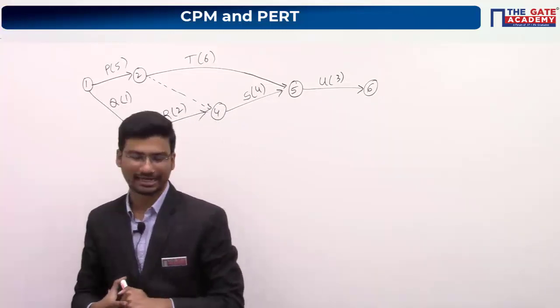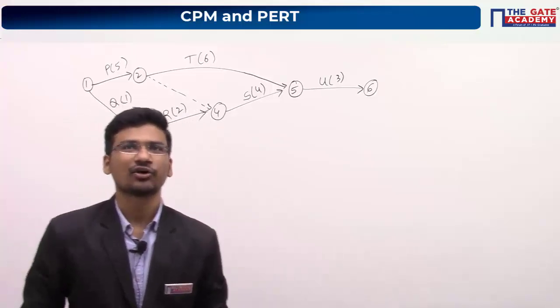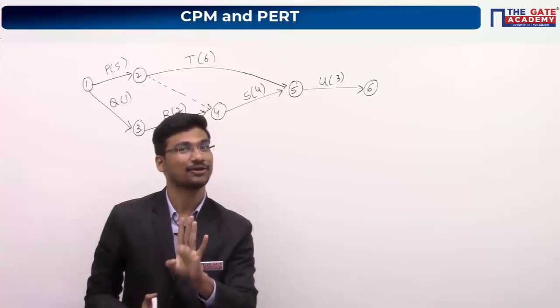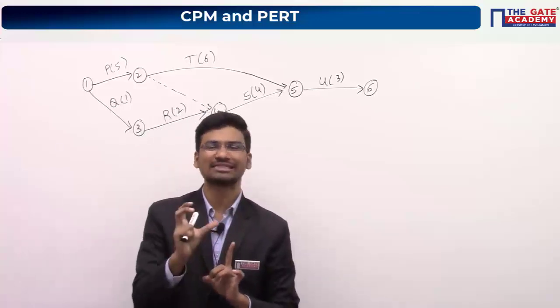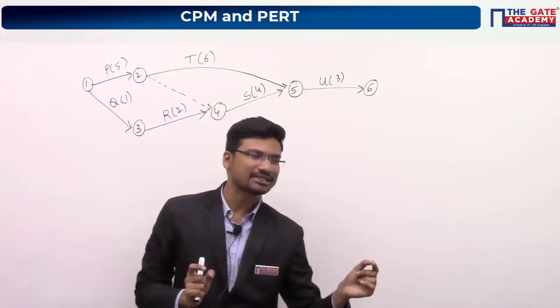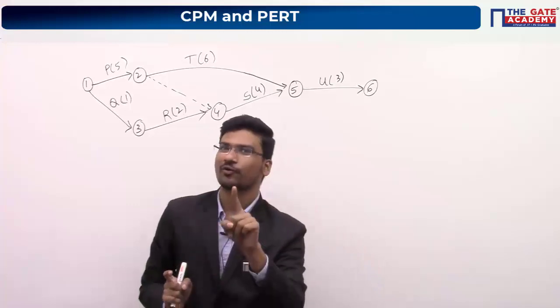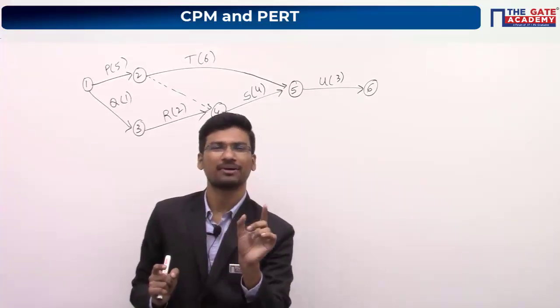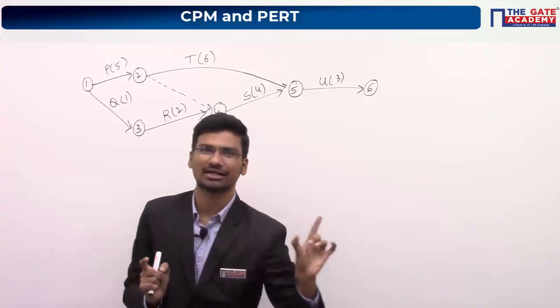6 is the correct answer. Saurav Kumar, you are saying we need to find the total float. You are almost correct, but you are missing some part. Total float is a delay period, but simply calculating the delay period is not the answer.